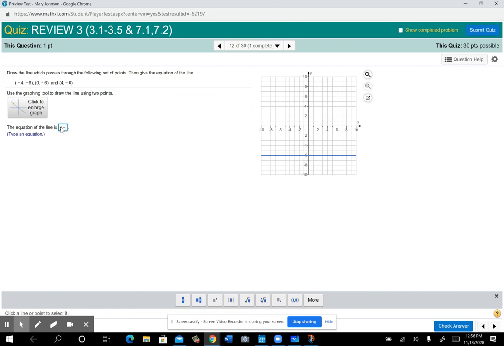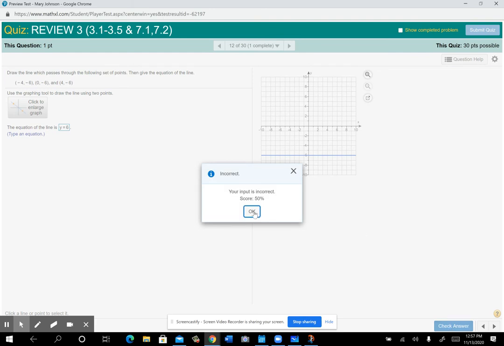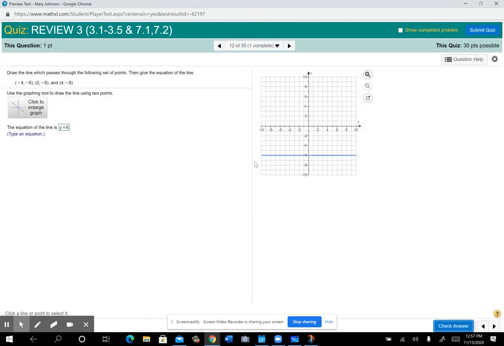The equation of the line would be that very thing. y = -6. Okay. And you can check your answer. Right? And that's because that was horizontal. Okay. And so all the y coordinates were the same.